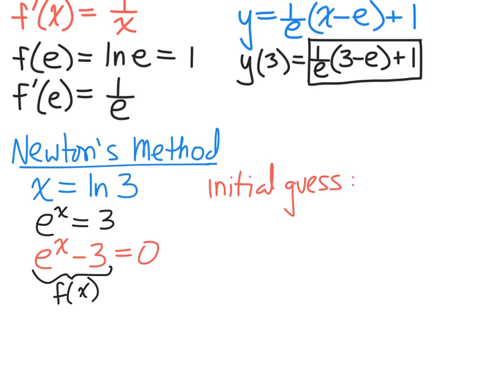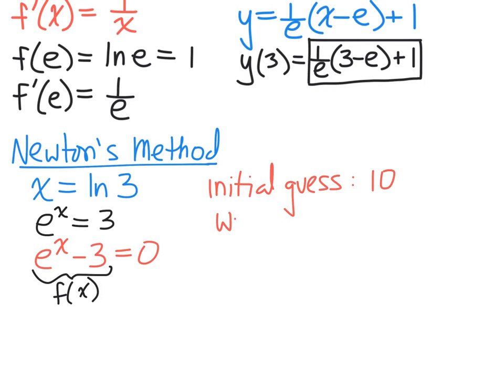I don't know. So 1, 2, 3, 4, 5, 7, 8, 9, 10, 11, 12, 13, 14. 13 iterations, because I accidentally counted the repeated one. So I started with an initial guess of 10 for some reason.